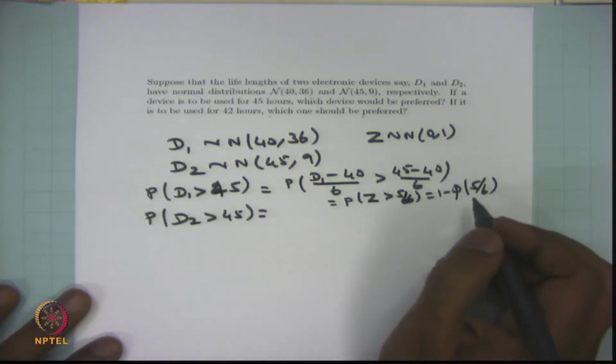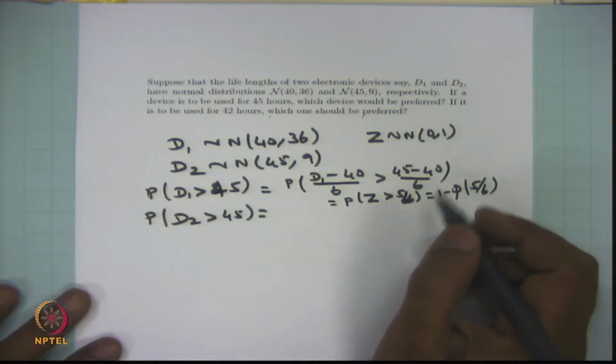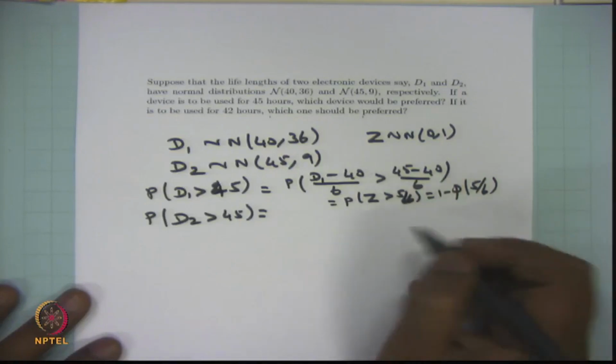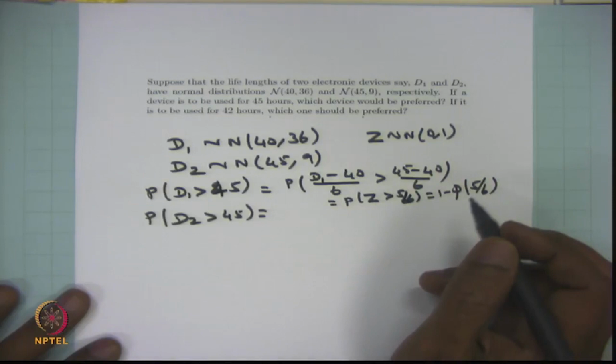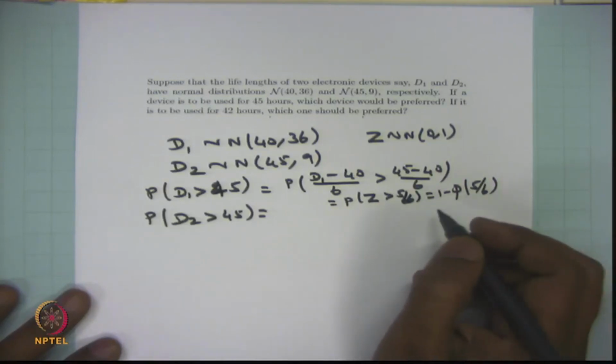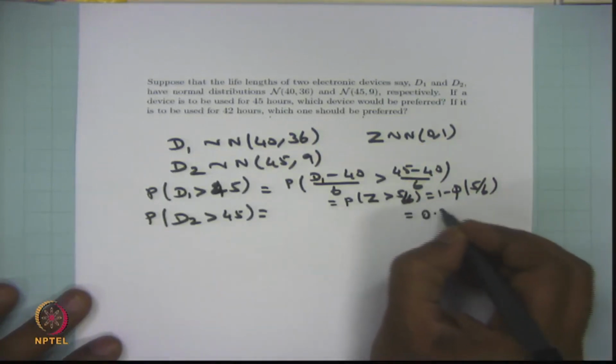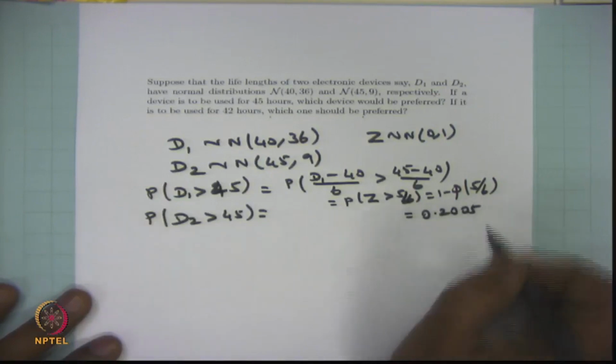I have already defined psi of x, the integration from minus infinity to x of the probability density function of the standard normal distribution. So, you get the value from the table. This value is going to be 0.2005.